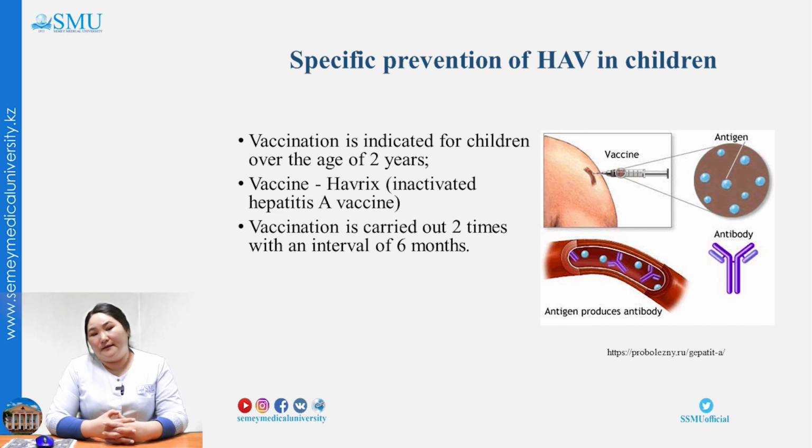And about specific prevention, we will use vaccination against A hepatitis. Vaccination can be used from children aged 2 years, using an inactivated hepatitis A vaccine called Havrix, carried out 2 times with an interval of 6 months.